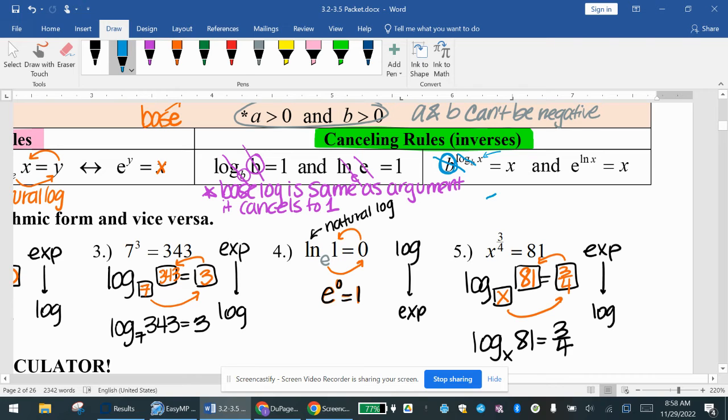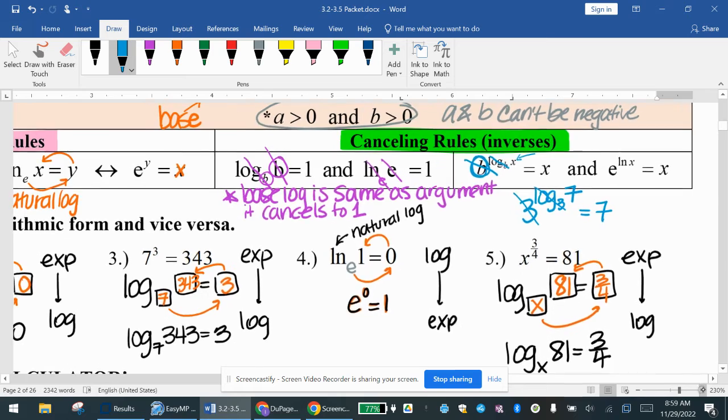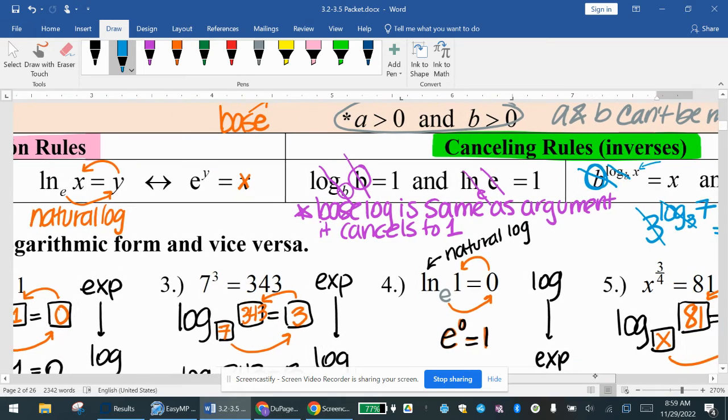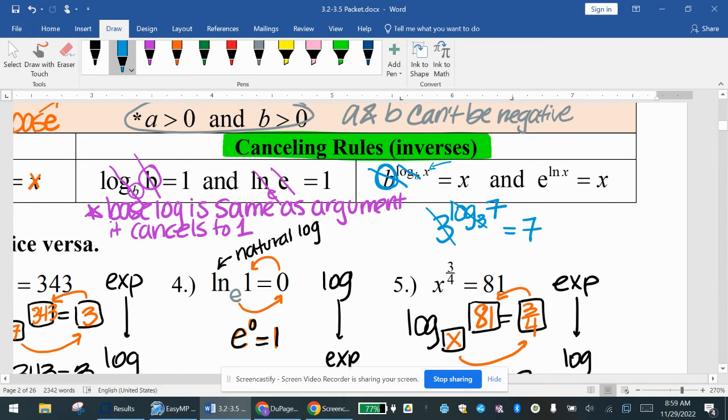Let's say you have 3 to the log base 3 of 7, right? Where the base of the exponential expression matches the base of the log, then the 3 and the log base 3 would cancel and you would just be left with 7. So if the base of the exponential expression matches the base of the log, then those terms cancel to 1 and you get whatever's left over in the expression.